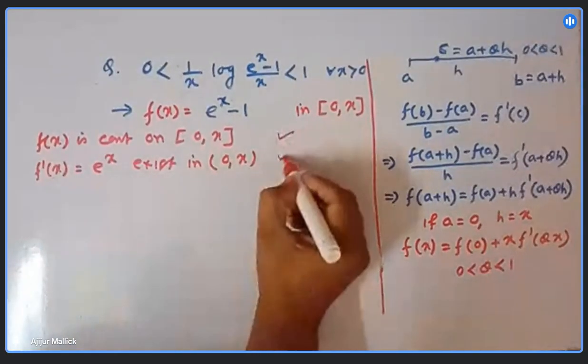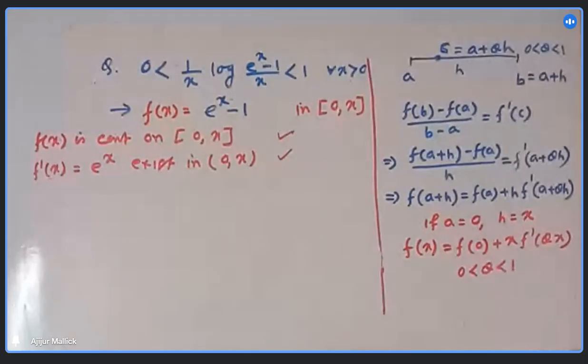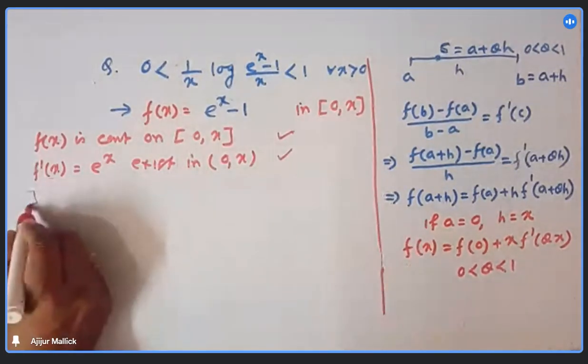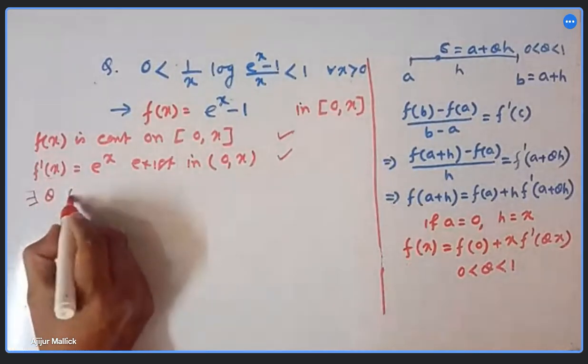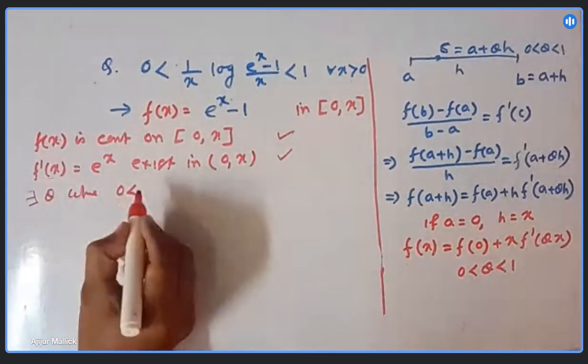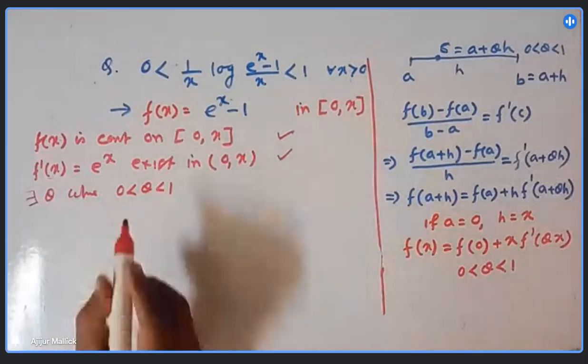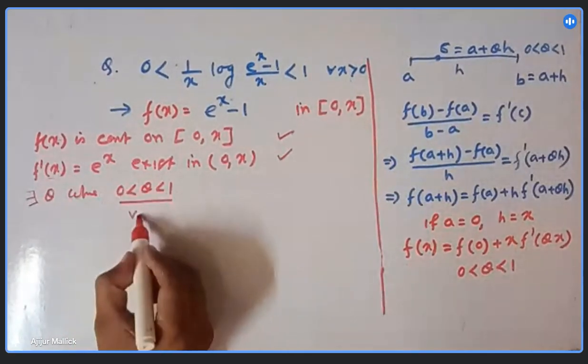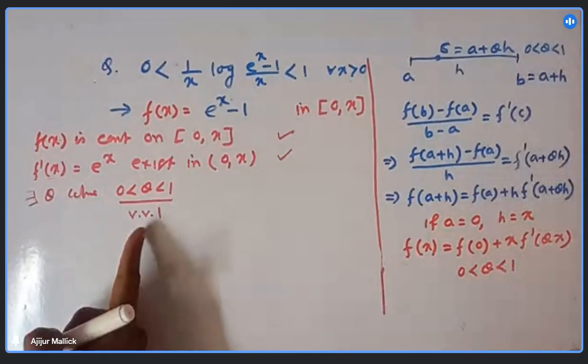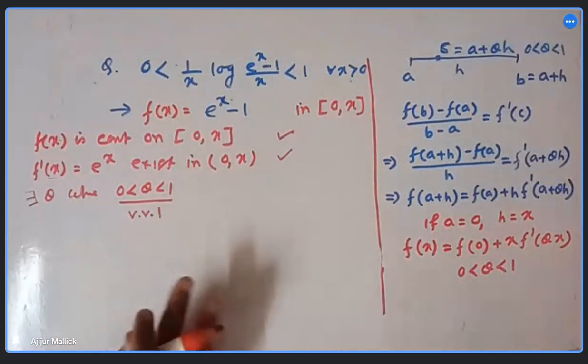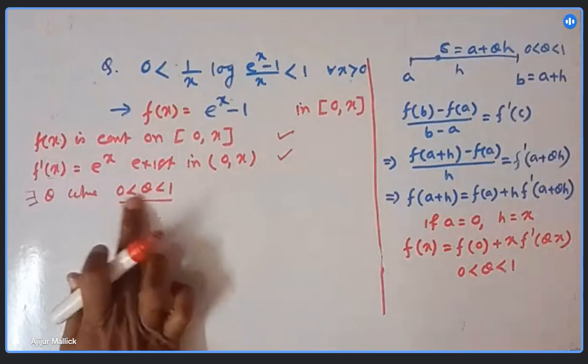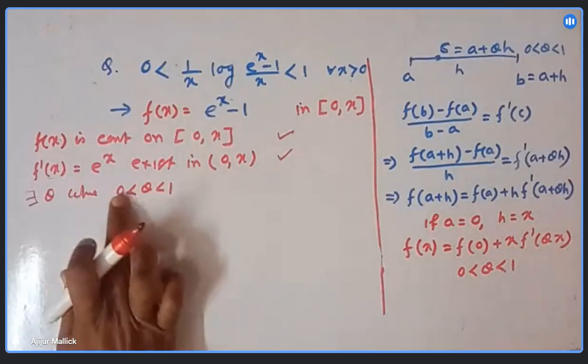So both the conditions are satisfied. Therefore, there exists theta where 0 less than theta less than 1. This condition is very, very important. If you do not write this condition, then you will not get any number.